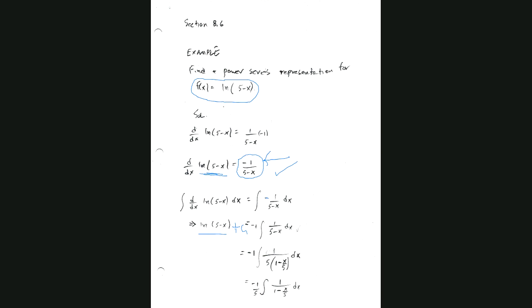So I factor 5 out, and then I have 5 times 1 minus x over 5. So I got the constant here too. Make a note here.